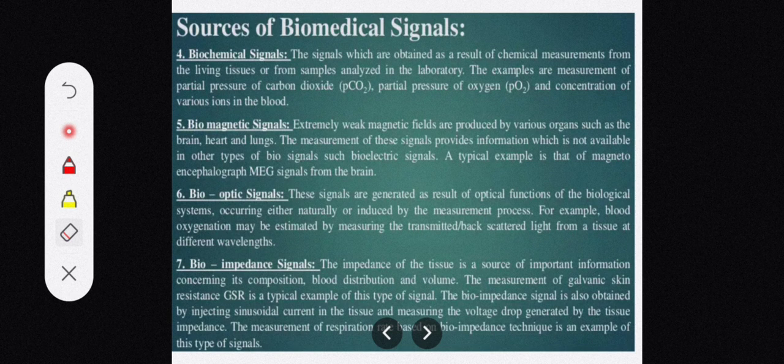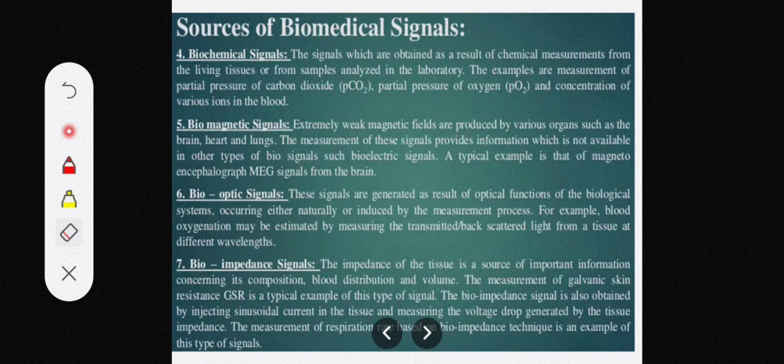That is, the composition of various ions, or the partial pressure of oxygen or carbon dioxide in the living tissue. These are examples of biochemical signals. The measurement of that chemical composition will give you a signal, which is a biochemical signal.